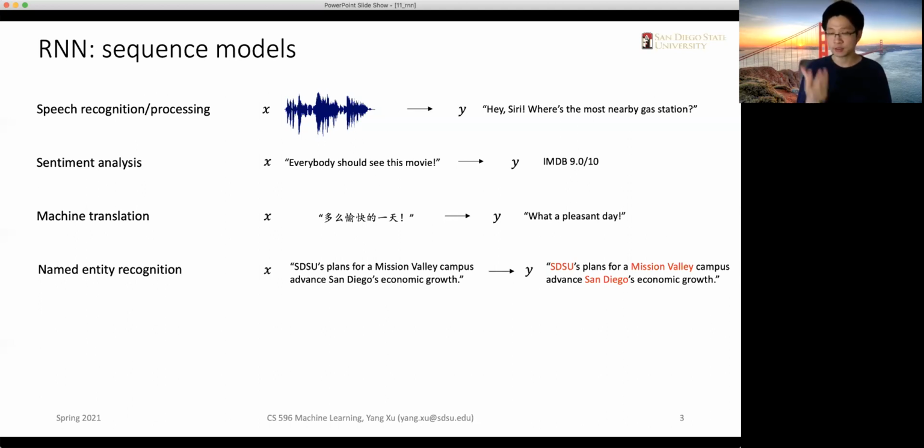It's an organization's name. And Mission Valley is a place name, a location, right? San Diego is a city's name. So in order to develop models that understand human language, recognizing those entities in the language formed by words is one of the most important tasks.